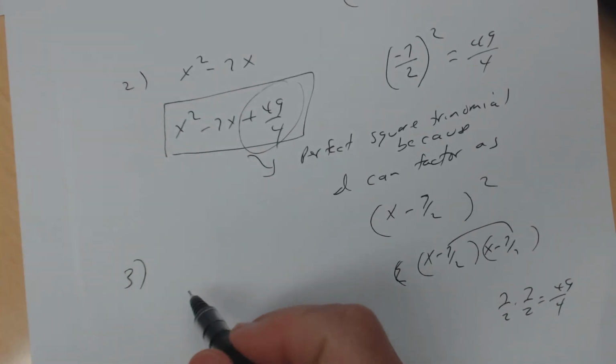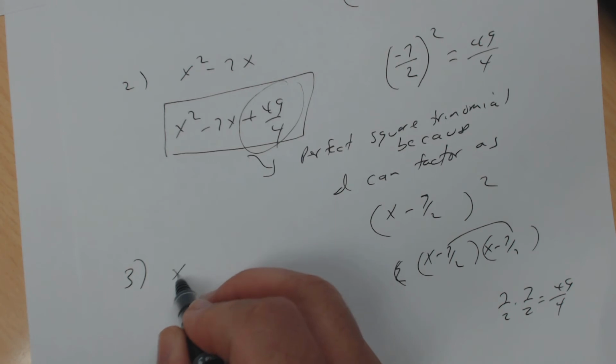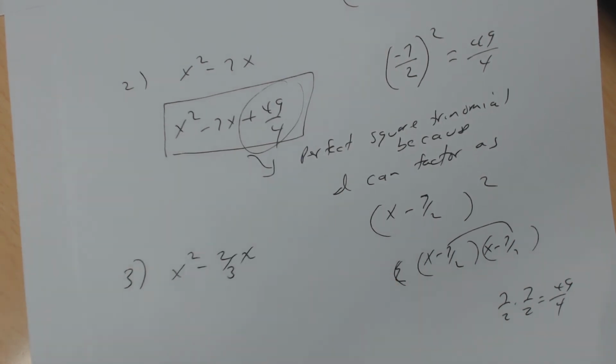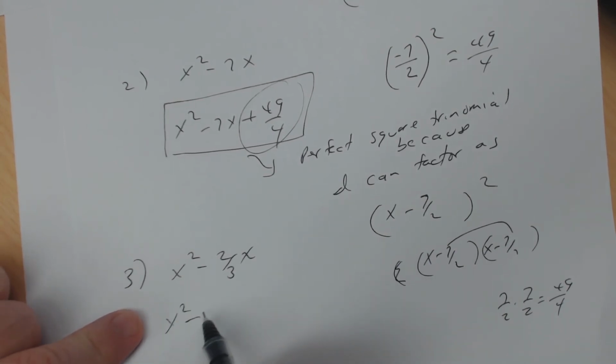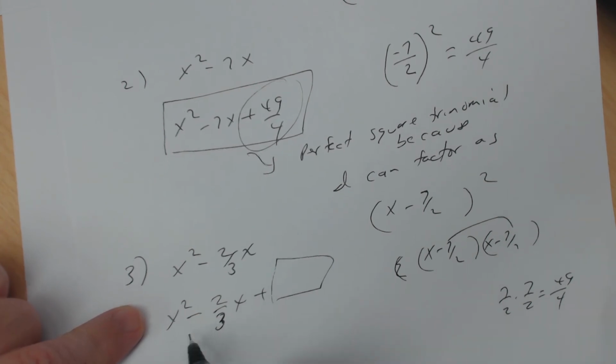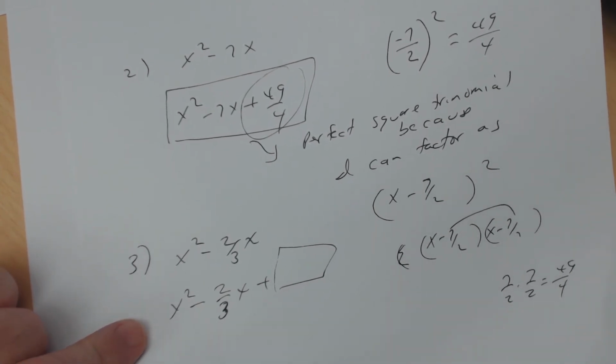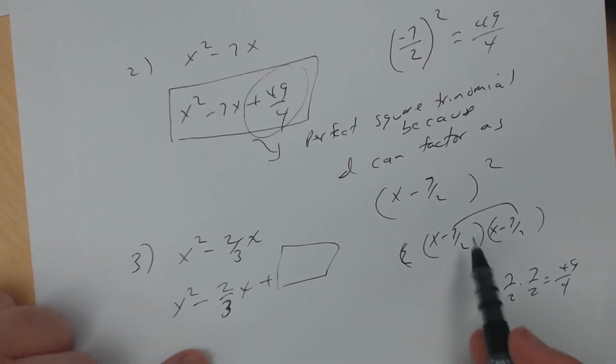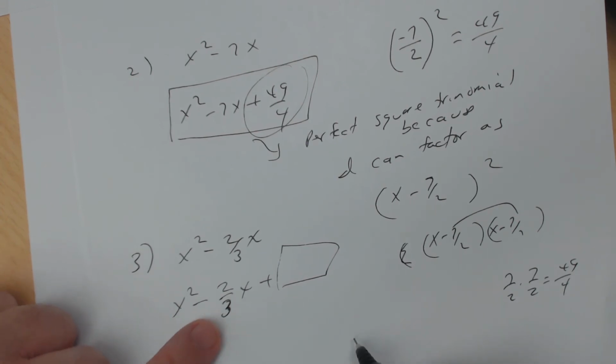Number 3, you have x squared minus 2/3 x. Don't make it difficult. You want to know what you must add so that this becomes a perfect square trinomial. Just like before, we take the coefficient of x, which is b, negative 2/3, and divide by 2.